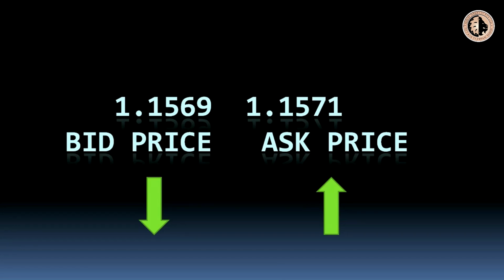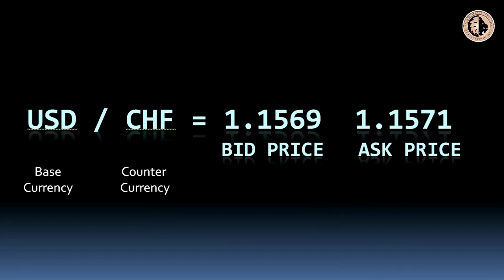So let's look at these prices in FX terms. You've got two prices there. The bid price, the first one, is the price that you're going to sell the currency pair, and the ask price, the second one, is the price you can buy the currency pair from the dealer. Now this leads us to two other terms that you'll be coming across. We've got a currency pair, the USD CHF, the dollar Swiss.